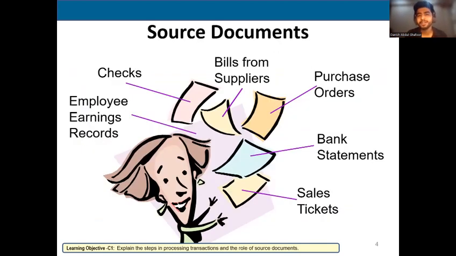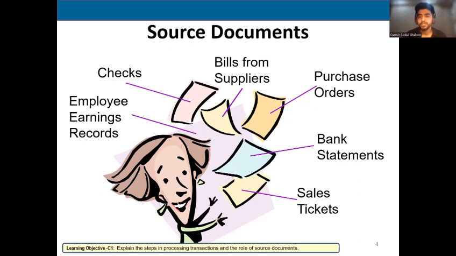So, what kind of source documents are there? Those can be checks. Okay, employee earning records. Employee earning records can be their work time, their record of how many hours they have worked, and we pay them according to their working hours. Okay, bills from suppliers: if we order any materials from a supplier, they will make a bill for that, a bill for raw materials.